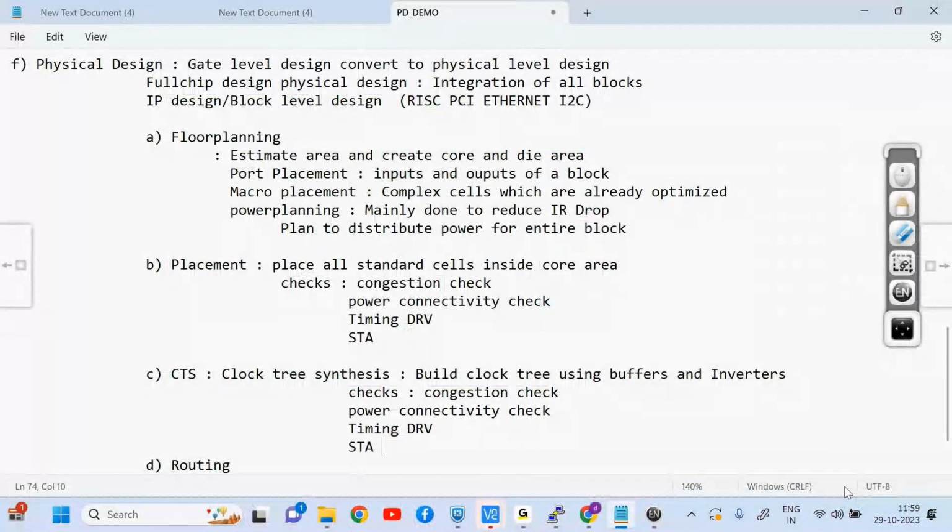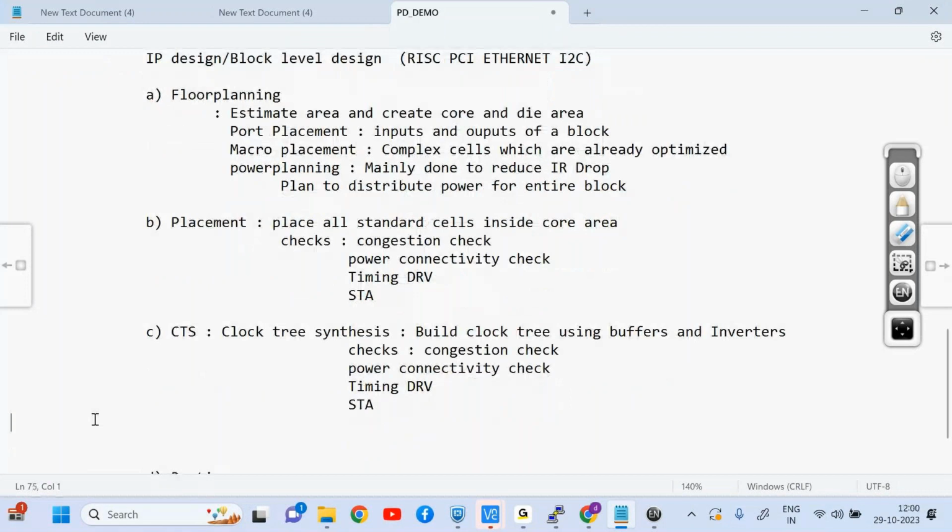So along with these checks, after CTS, we also check what the latency is. Latency means the time taken by a clock signal to reach the flip flops, right? Maximum latency. So what is the efficiency of my CTS tool?